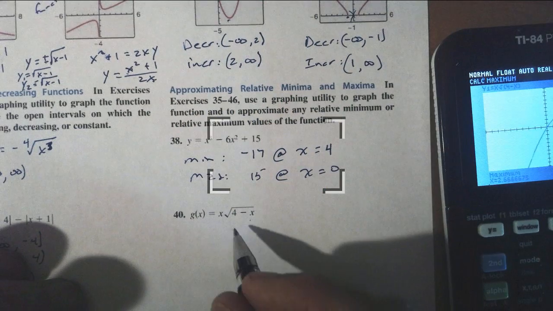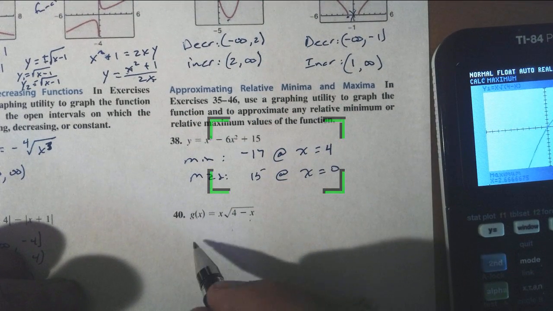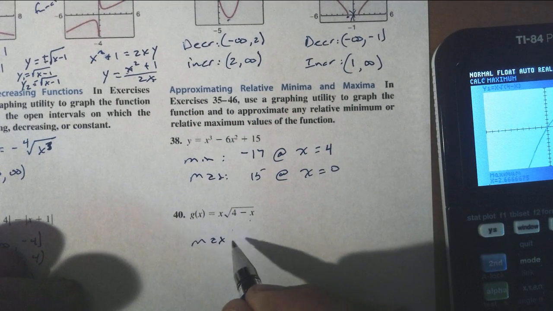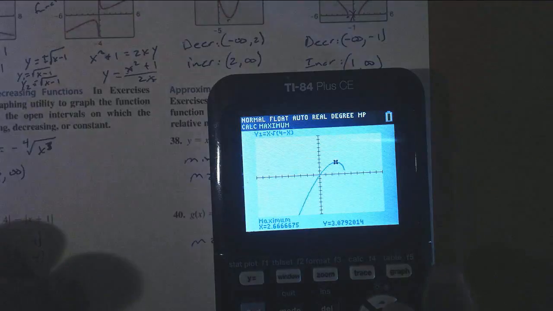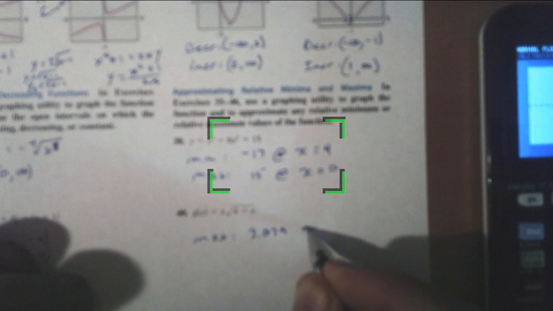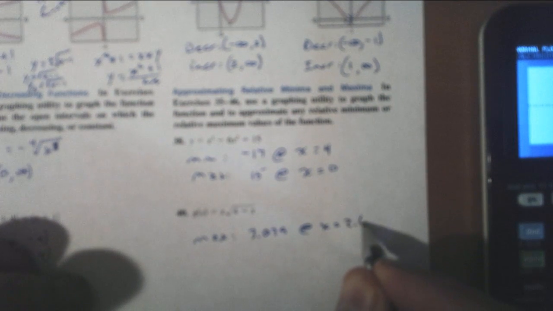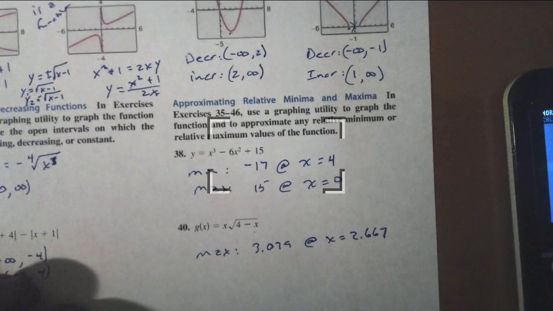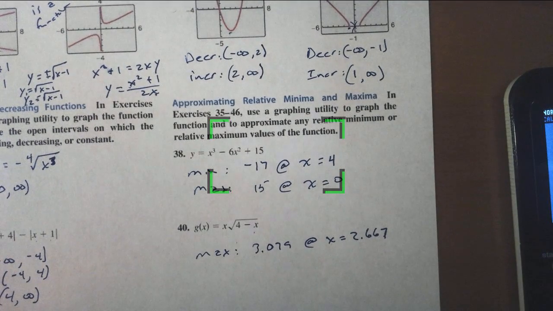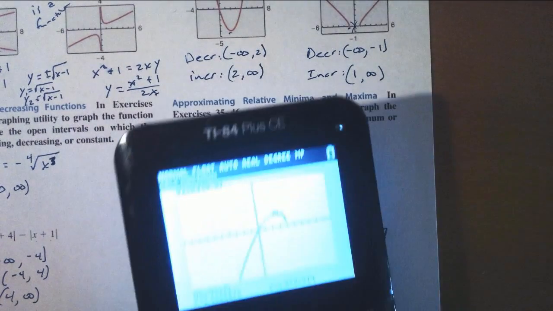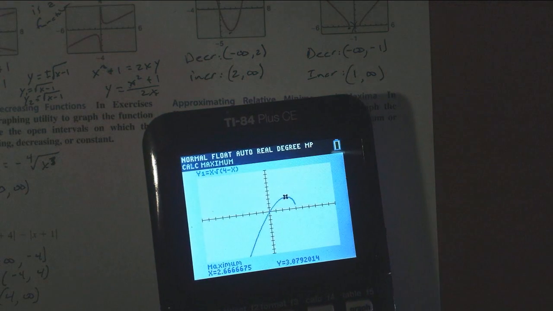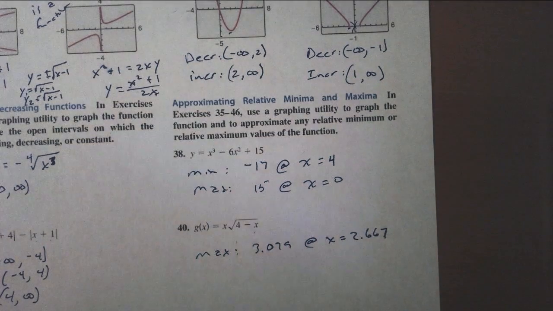So since we're rounding, I'm going to say it has a maximum of 3.079 at x equals 2.667. That's a 7. Oh, sorry about the lack of focus there. Get that back in place. So 3.079 at 2.667. If we rounded one, we'll round the other one as well.